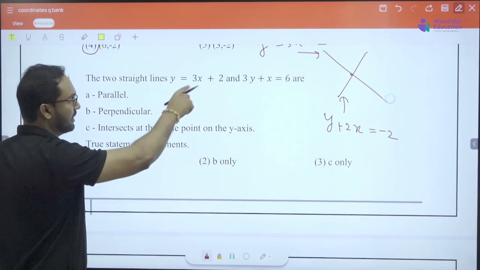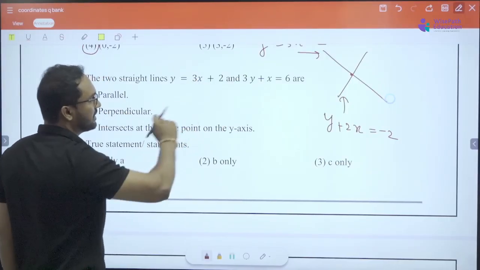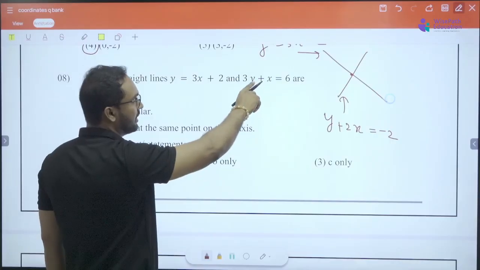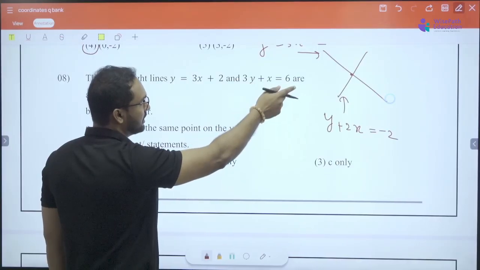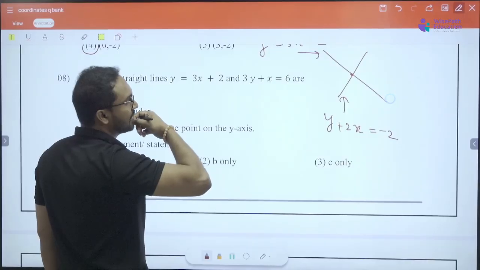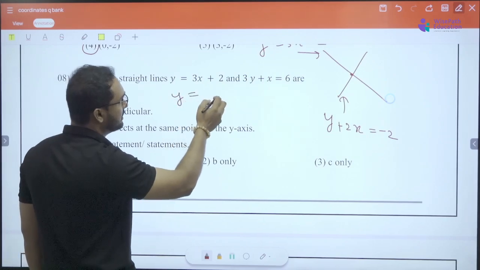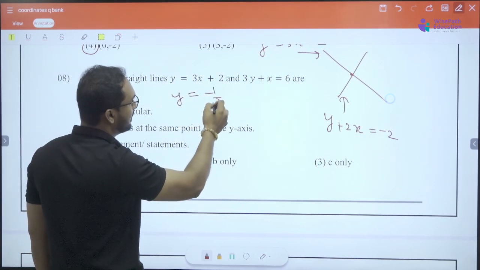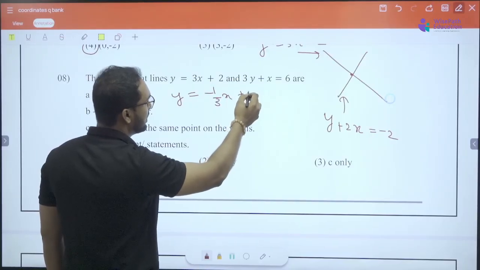This one is y equals 3x plus 2 in the standard form. To take the other to the standard form, we have to isolate y. You take the x to the other side, that will be minus x plus 6, and if you divide it by 3, that will be y equals minus 1 over 3 x plus 2.